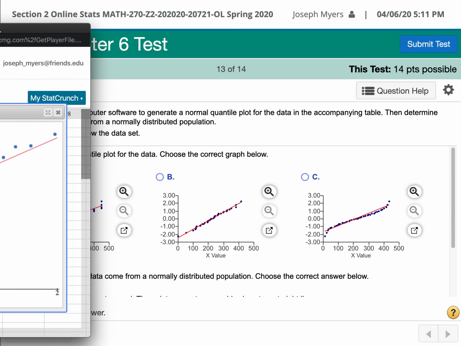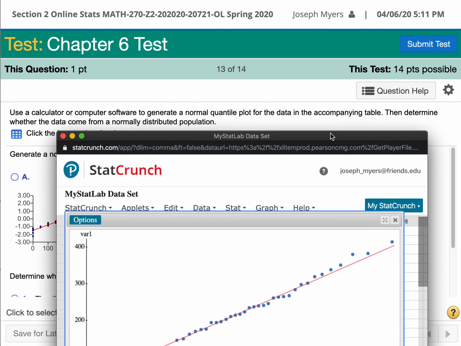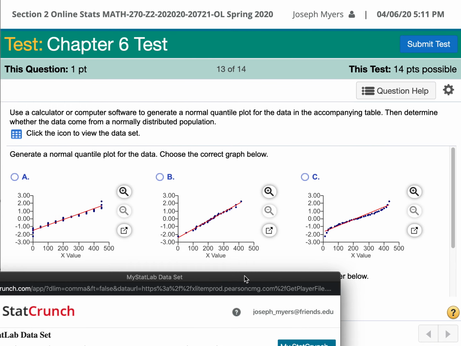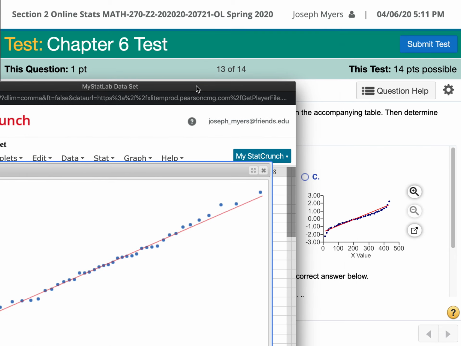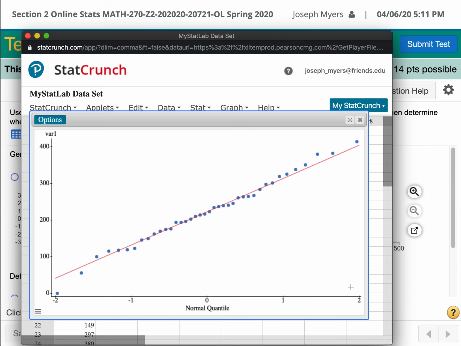Well, it looks to me like it could be, interesting. This doesn't look quite the same.